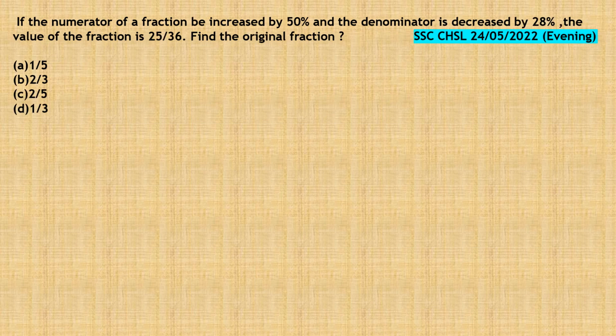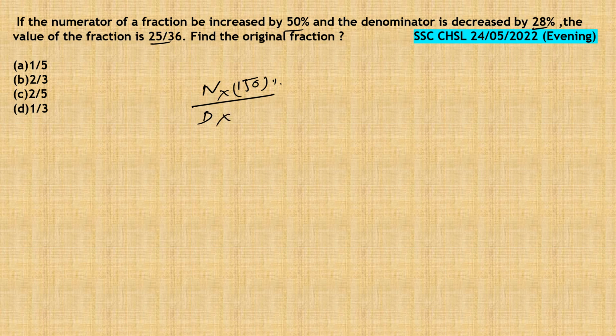Next question. If the numerator of the fraction is increased by 50% and the denominator is decreased by 28%, the value of the fraction is 25 by 36. We need to find the value of n by d. That is n by d into increased by 50%, that is 150% of itself, decreased by 28%.